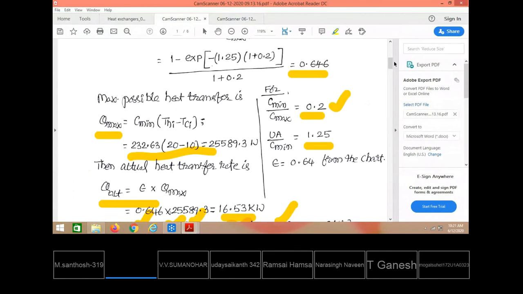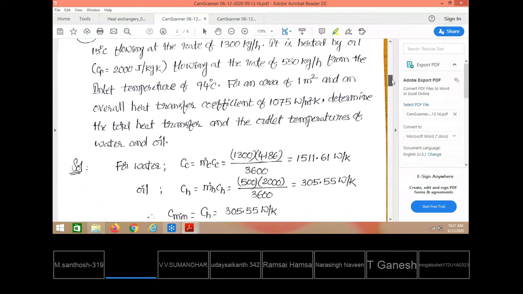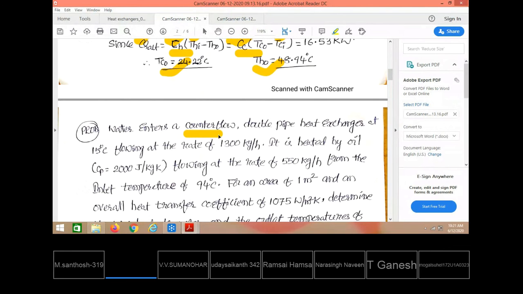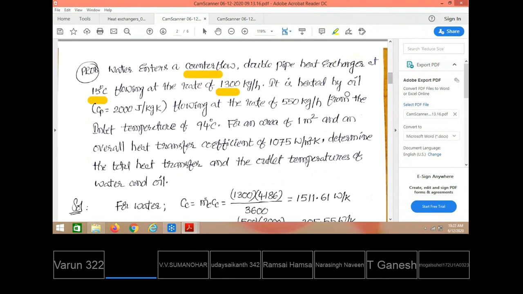So the next problem is for a counterflow heat exchanger. You see here water enters a counterflow heat exchanger at 15 degrees centigrade. Water is considered to be the cold fluid. Cold fluid inlet temperature is known. Cold fluid mass flow rate is known, 1300 kg per hour. The cold fluid is getting heated by oil of specific heat 2000 joule per kg Kelvin. The mass flow rate of hot fluid is 550 kg per hour, when the hot fluid is entering at a temperature of 94 degrees centigrade.